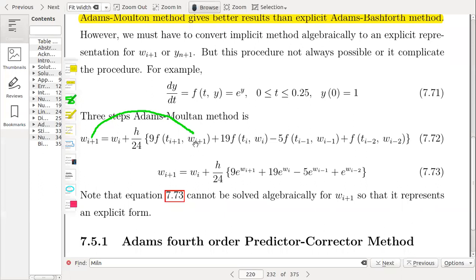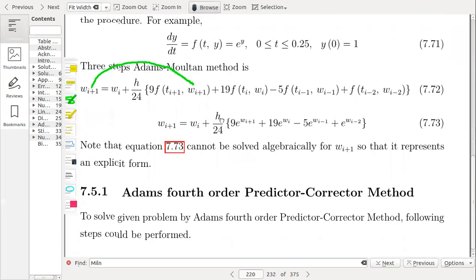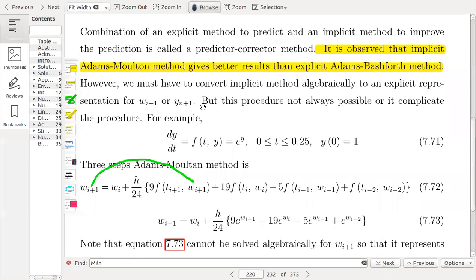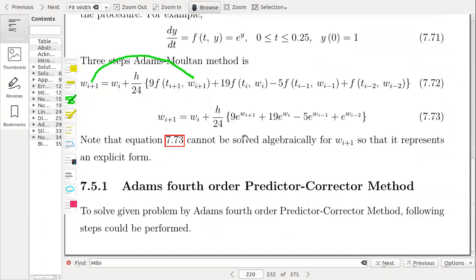So wi plus 1 cannot be evaluated explicitly, and it cannot be written in the form of an explicit representation. So it is not always possible to write in the explicit form. Sometimes it complicates the procedure or is not possible.